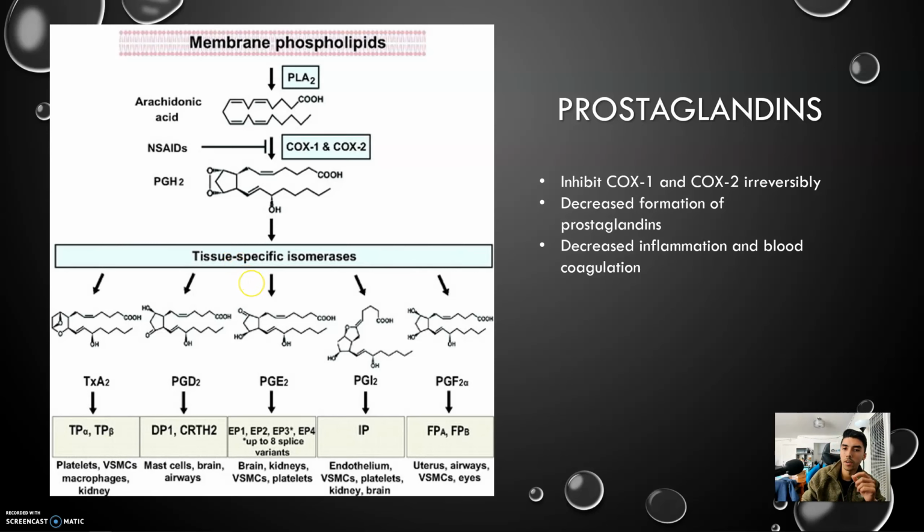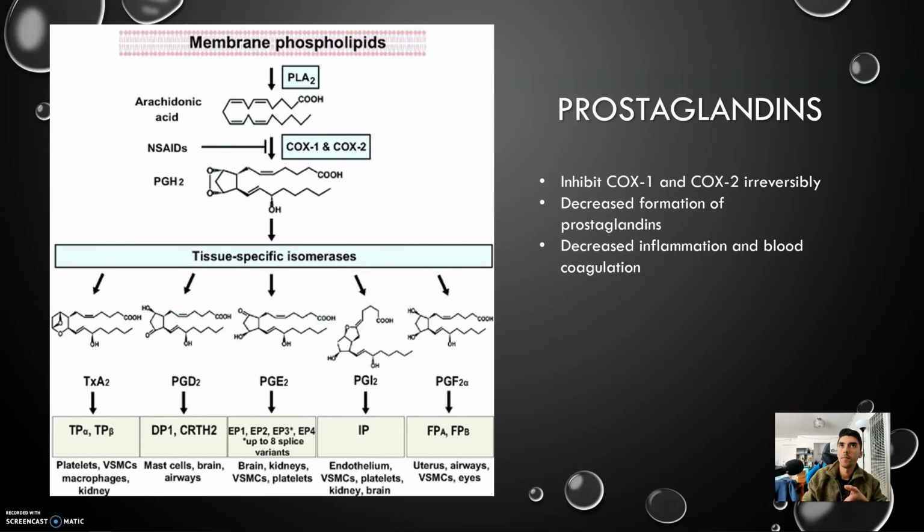In particular, prostacyclin, for example, is a platelet activator. It's involved with the coagulation cascade, but it's also a vasodilator. It dilates the blood vessels to increase blood flow. Thromboxane, shown here, is also involved with the coagulation cascade.